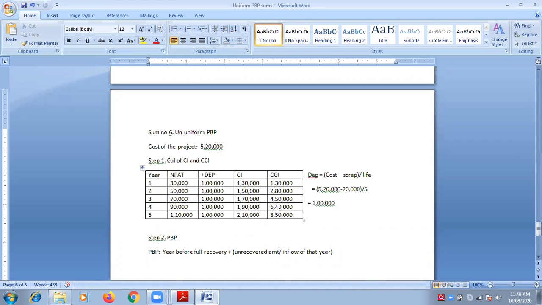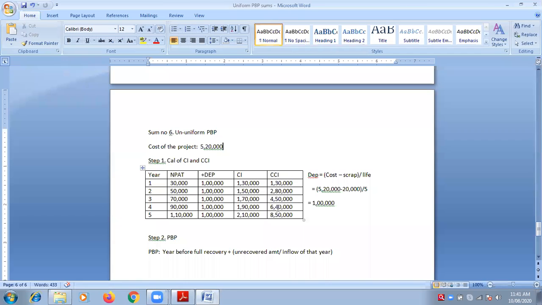In fact, you have recovered more than 5,20,000. But I am talking about the year in which you have recovered the whole amount of 5,20,000. And it is fourth year as per this example, as per this sum. This is fourth year in which the whole amount of 5,20,000 is recovered.